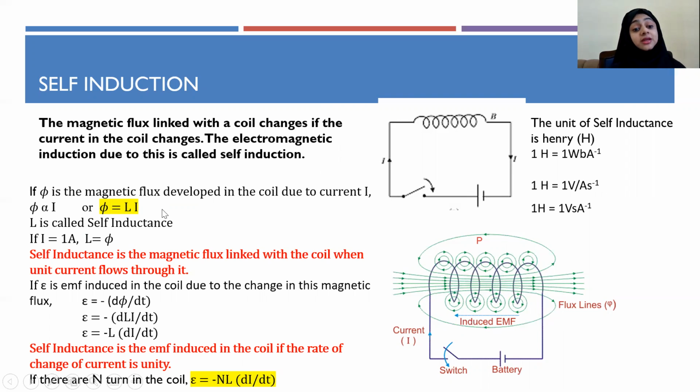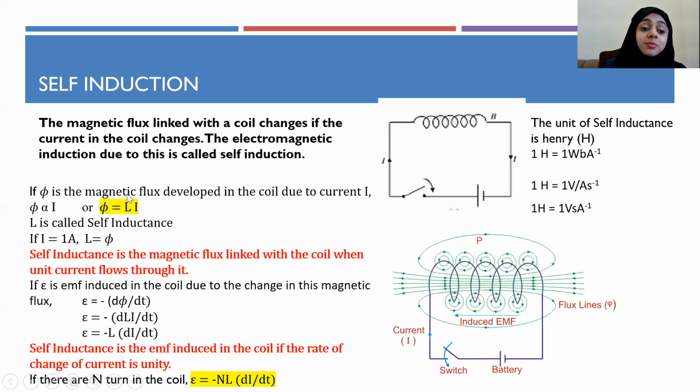If phi is the magnetic flux developed in the coil due to the current I, then phi is directly proportional to I, because the more current we apply, the more will be the magnetic flux. So phi is directly proportional to I, or phi is equal to a constant L into I. This constant of proportionality is called self-inductance.